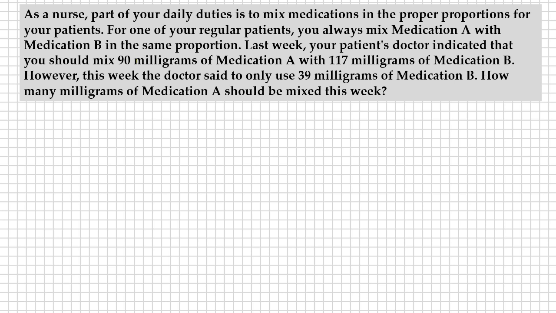So we've got milligrams of medication A, milligrams of medication B. Same units, milligrams, milligrams, but we have to be specific because it's two different medications. So we could make a fraction, milligrams of A on top and milligrams of B on the bottom.